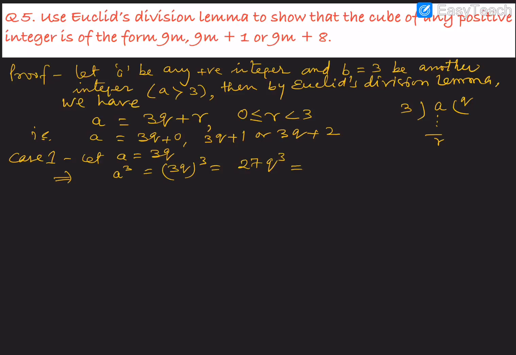Since we have to make the structure of a cube as 9m or 9m plus 1 or 9m plus 8, so we take here 9 as common, which can be written as 9m, where we have taken 3q cube as m, a new integer.